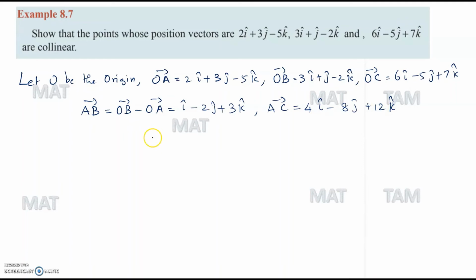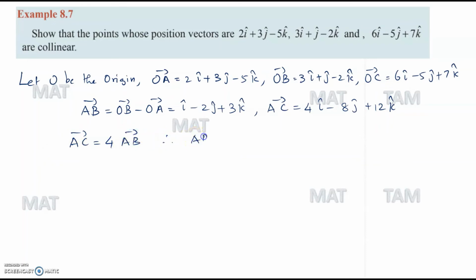You can clearly see that our vector AC is 4 times vector AB. So 4 times i cap will be 4i cap, minus 2 times 4 will be minus 8j cap, 3 times 4 will be 12k cap. So we can say that vector AC is equal to 4 times vector AB.